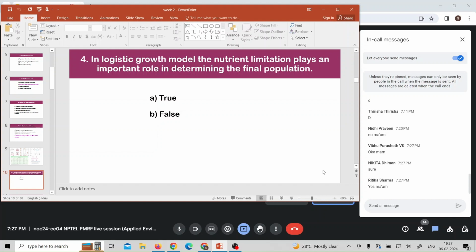So now we will be moving on to microbial growth, and you can answer this question.